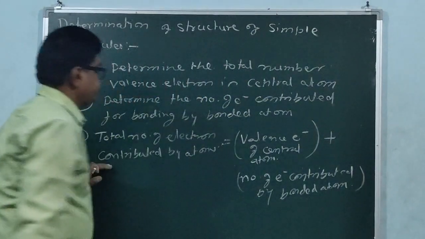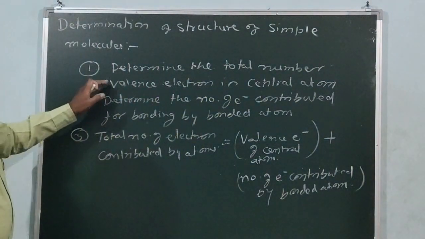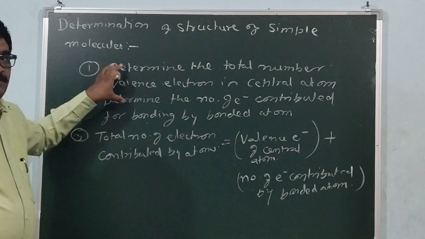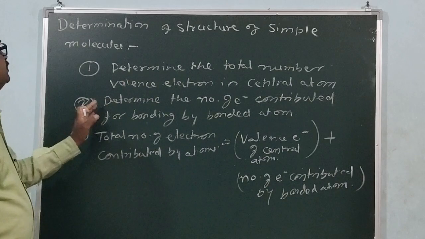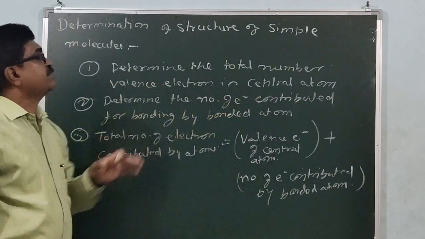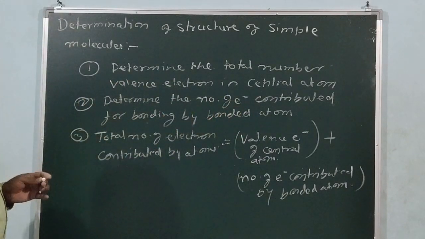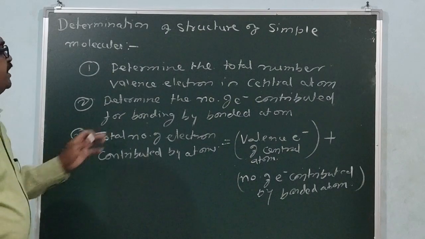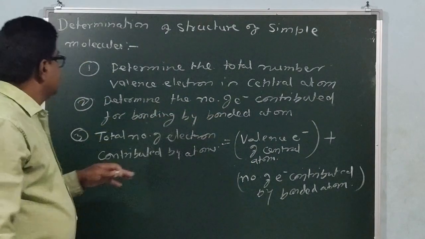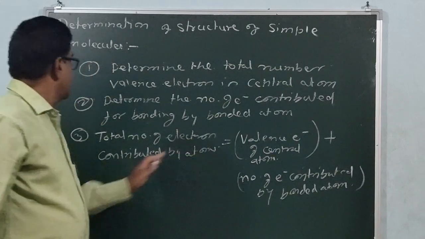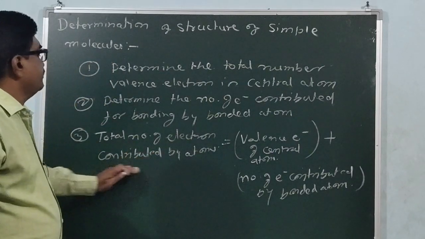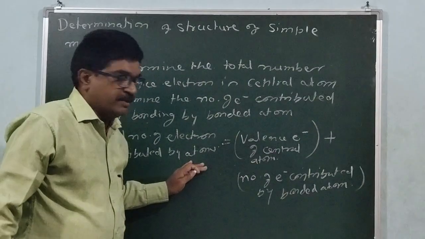Here, determine the total number of valence electrons in the central atom. Then determine the number of electrons contributed for bonding by the bonded atoms. Then take the sum of the two, and you will get the total number of electrons contributed by the atoms in the molecule.